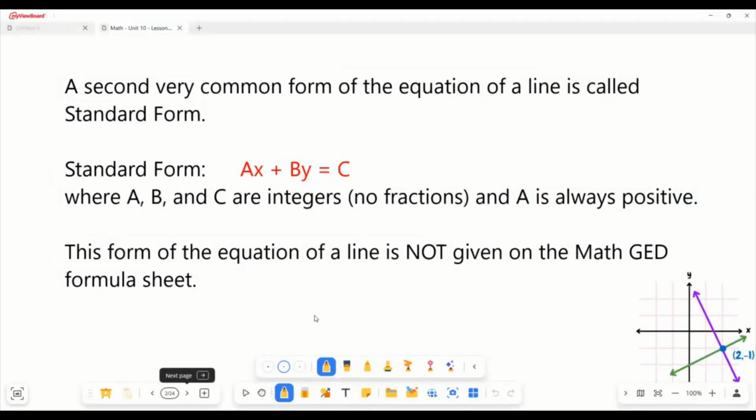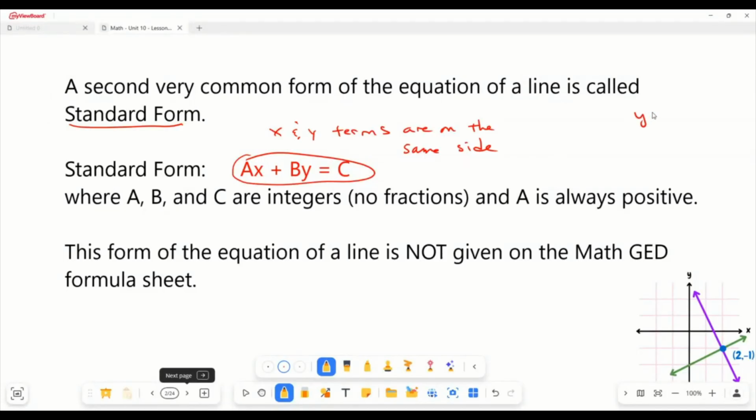Another common form is called standard form. And it is written ax plus by equals c. In other words, the x and y terms are on the same side. In slope-intercept, when we have y equals mx plus b, the y term is on one side, the x term on the other side.